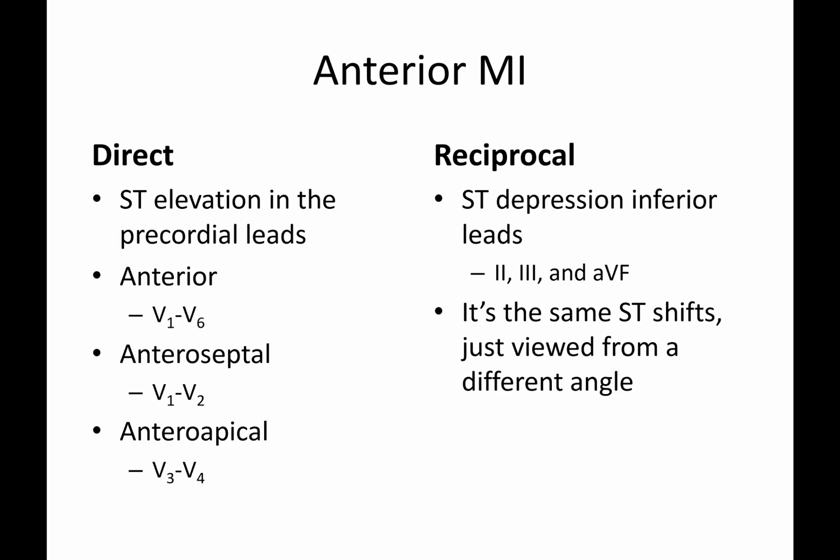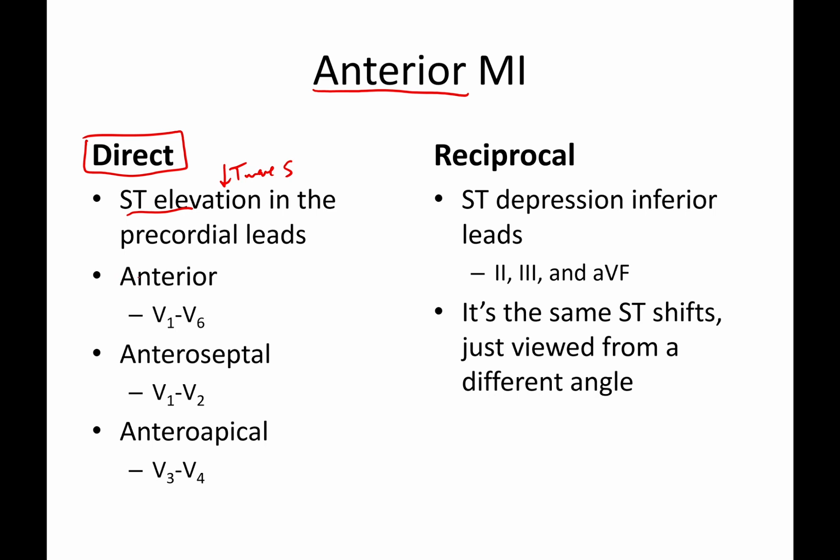So broken down, I went through and just talked about the most common types of MIs and just tried to get them into sections for you. So anterior MIs. The direct changes you're going to see for an anterior MI is you're going to see ST elevation, and of course you'll have the inverted T waves in the precordial leads, the pectoral leads, the chest leads, all those different names.